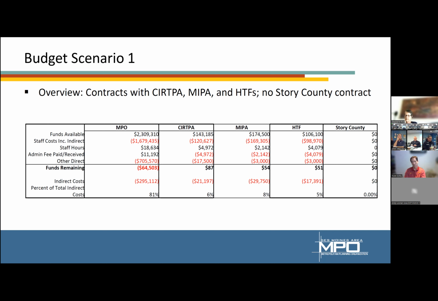I guess I have one thing maybe to put into this before Dylan and Todd start working on it. In our general accounting policies, we say each work element in the Des Moines Area MPO program is charged for direct personnel costs and for the proportion of the indirect costs.